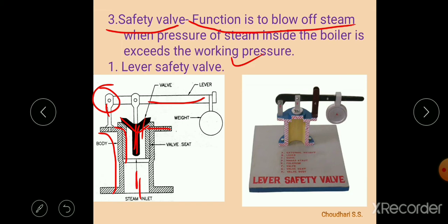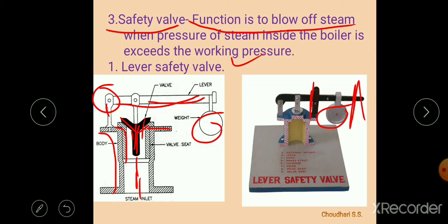Steam rises upward, and the valve stays in its position because of the weight provided at this end. As we can see in the prototype, the weight is provided, and this is a slotted lever guide, because of which the lever can be moved only in up and down direction.